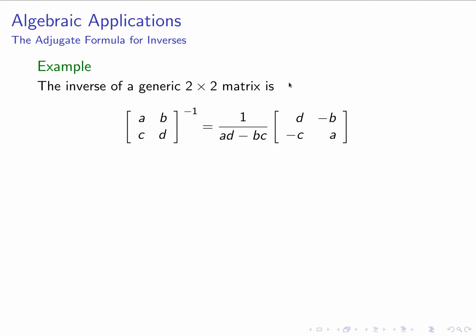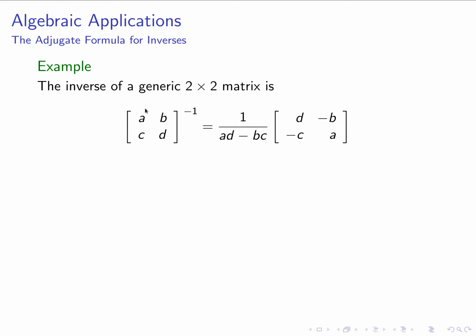So one upshot here is we can use the formula for the inverse of a matrix in terms of its adjugate for a 2 by 2 matrix, and we get a relatively simple closed formula for the inverse of a 2 by 2. So if our original 2 by 2 matrix has rows A, B, C, D, the adjugate formula for inverses says the inverse of that matrix should be 1 over the determinant multiplied by the adjugate of that matrix.